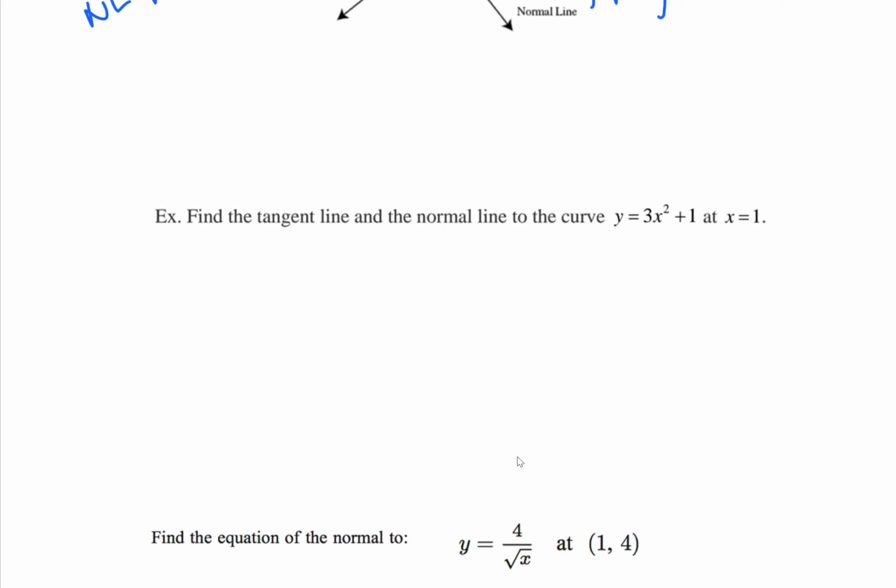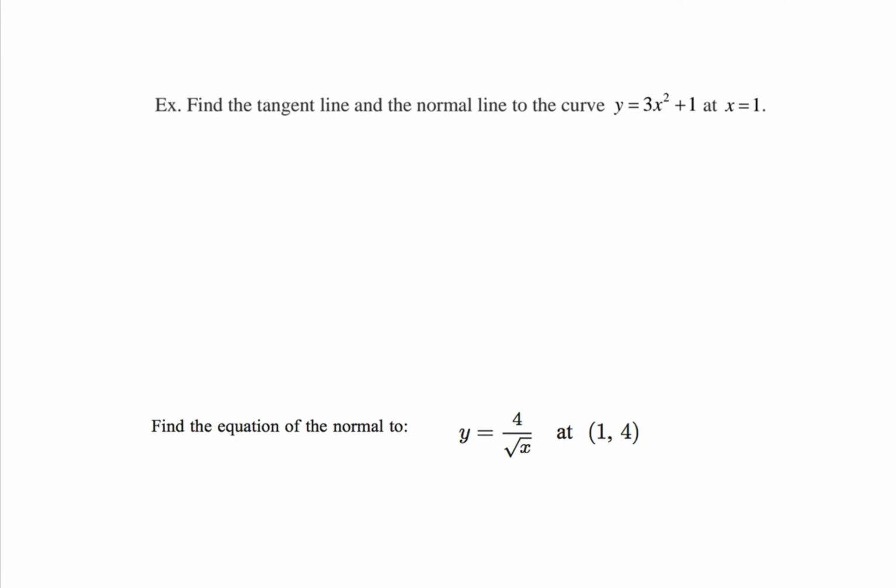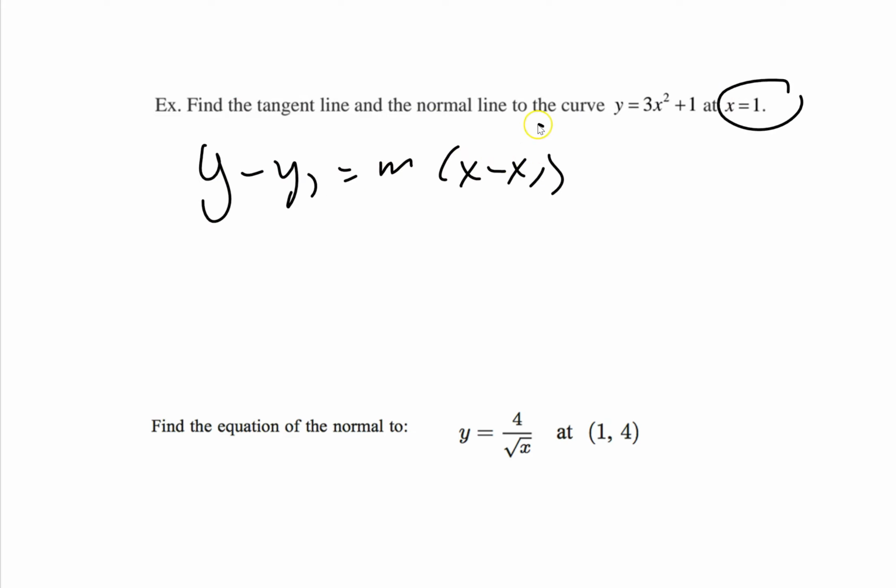So let's do a problem or two just like that. Here, find the equation of the tangent line and the normal line to the curve. I want the equation of a line, y minus y1 equals m times (x minus x1). Plug your x1 in. Remember, if you want to find y1, you just plug it in. So 3 times 1 squared plus 1, 3 plus 1 is 4. Remember the squared goes first, so you get 4.